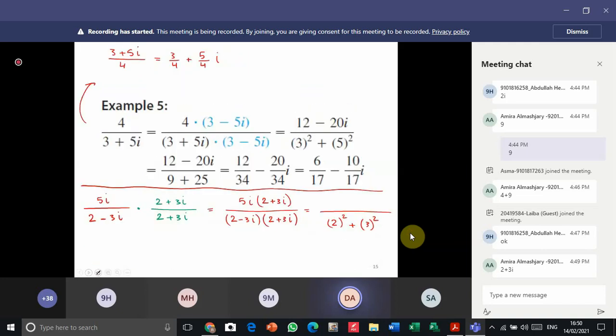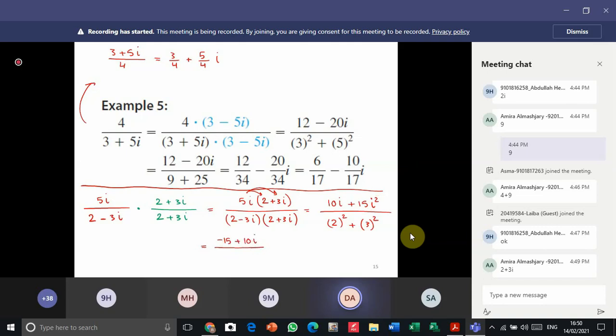Okay, now return: 5i multiply by 2, we have 10i. 5i multiply 3i, we have 15i square. Okay, i square is negative 1, so we have negative 15 plus 10i.